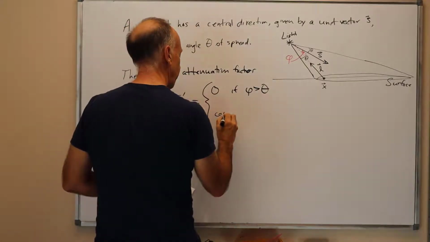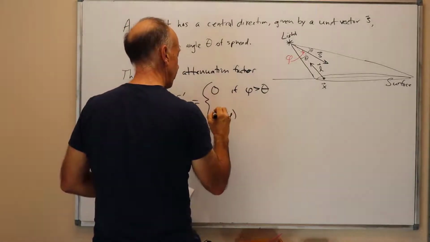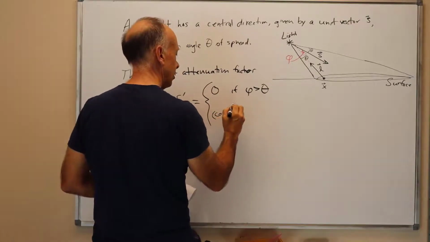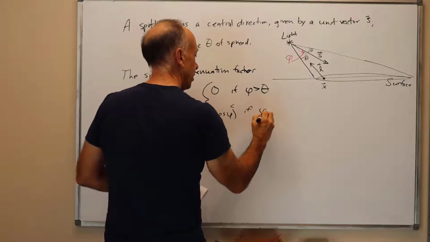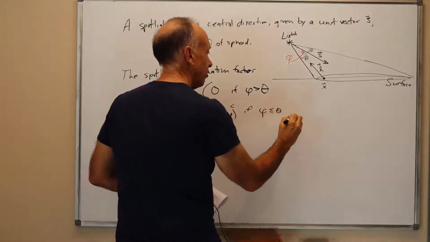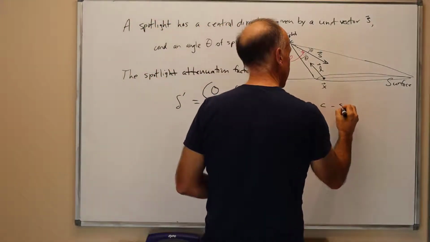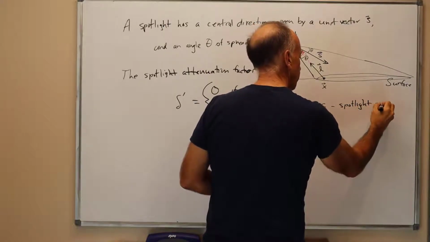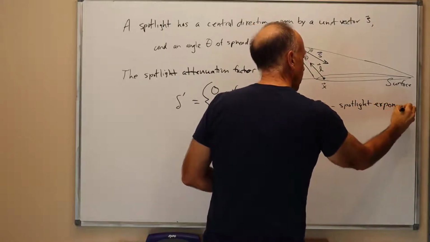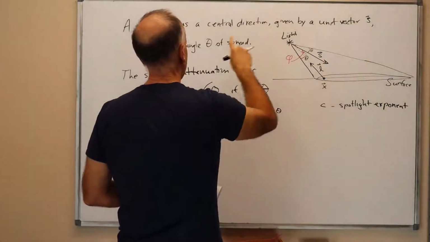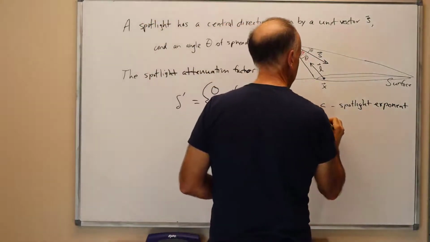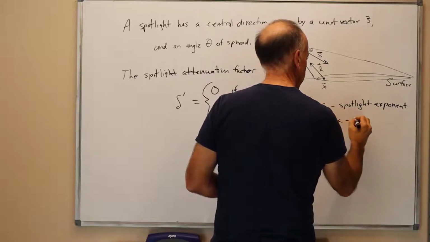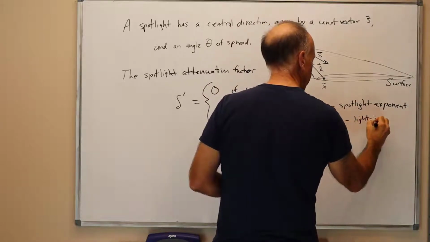And the usual formula for things inside the cone of light is cosine of phi to the C, if phi is less than or equal to theta. And so here C is the spotlight exponent. And all three of these values, s, theta, and C, are light properties. These are properties of the light.